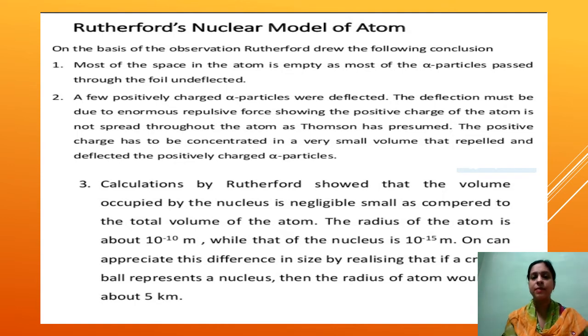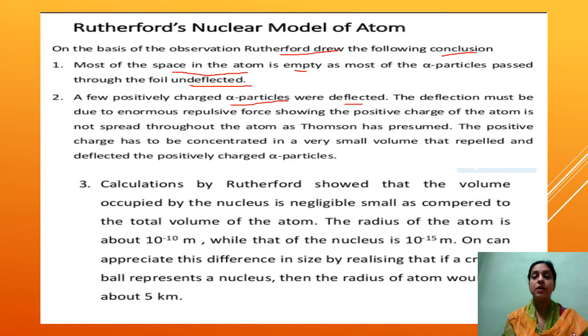So on the basis of these observations, Rutherford came to the conclusion that most of the space in an atom is empty. Why? Because most of the alpha particles passed through the foil undeflected. Very few positively charged alpha particles were deflected.